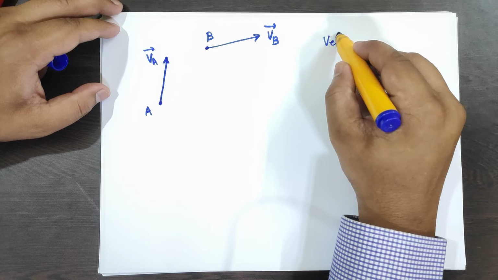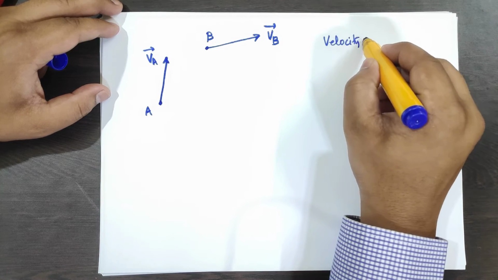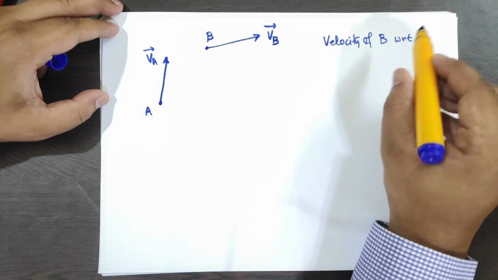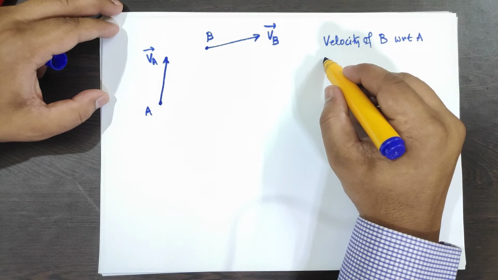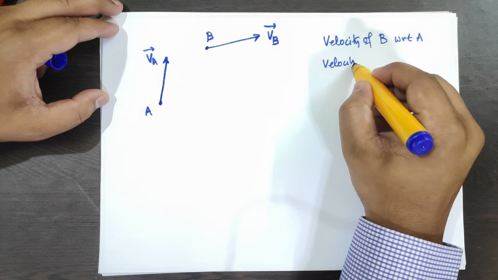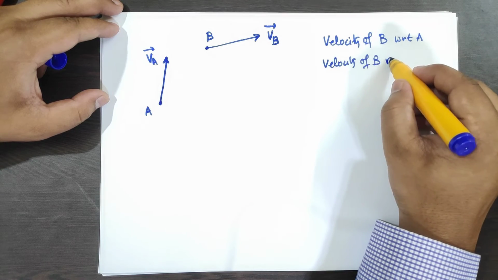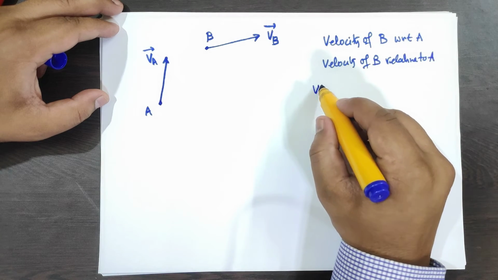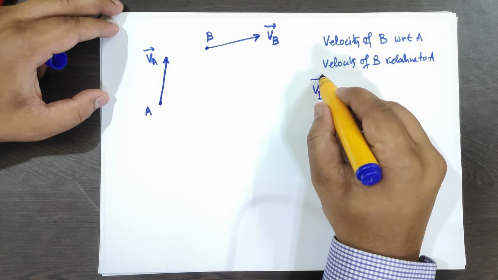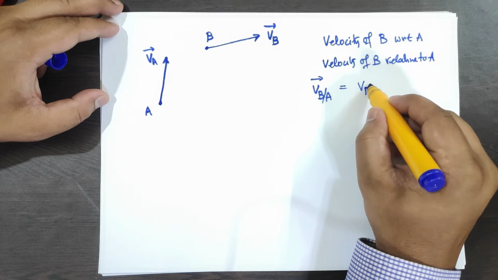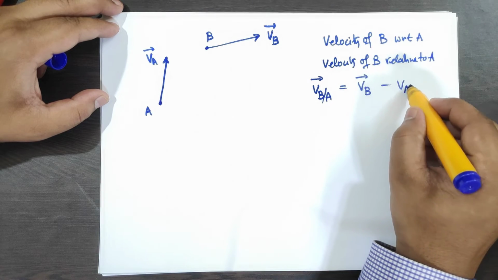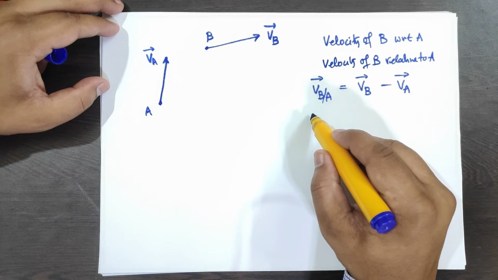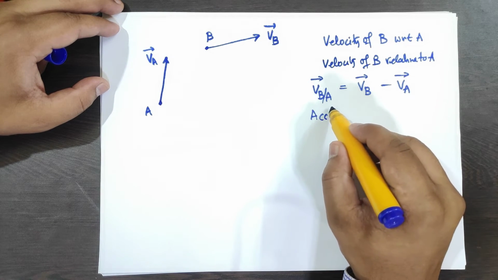So the velocity of B relative to A, you can write like this, VB with respect to A. Now we will write with a vector sign, so it's VB minus VA. And again the same thing holds for acceleration also.